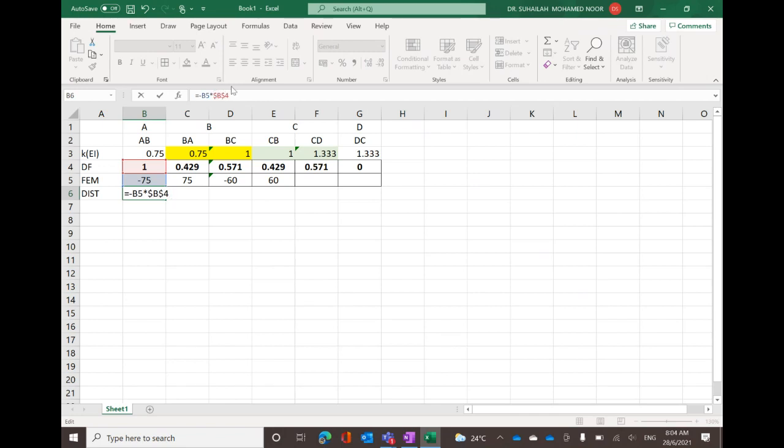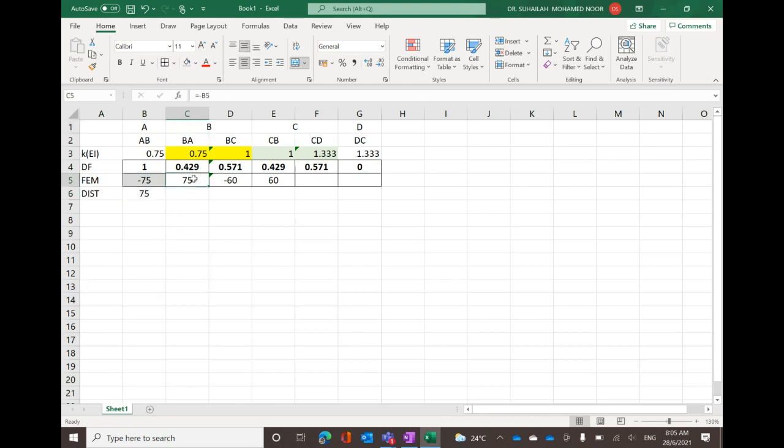I put the dollar sign like this in order to lock the distribution factor position. So it will equal 75, because when we check back and total these two values, it will equal 0. Okay, we move to joint B.